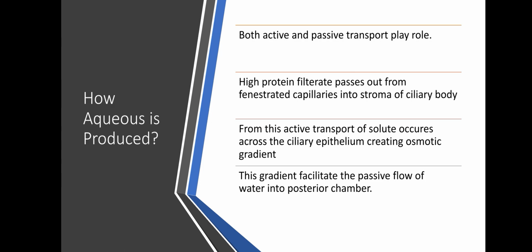High protein filtrate passes out from fenestrated capillaries into the stroma of the ciliary body. From this, active transport of solute occurs across the ciliary epithelium, creating an osmotic gradient. This gradient facilitates the passive flow of water into the posterior chamber.